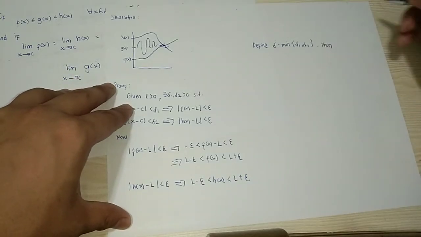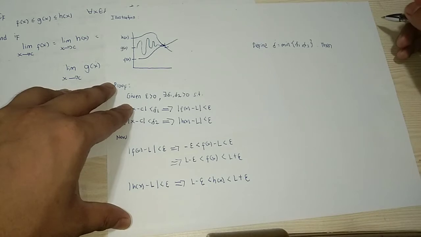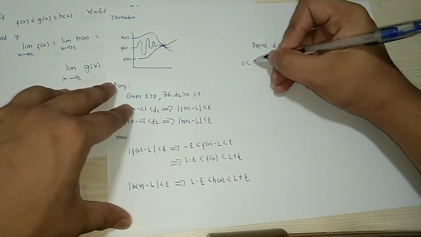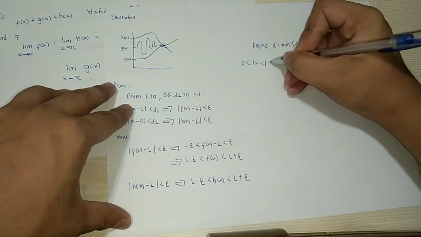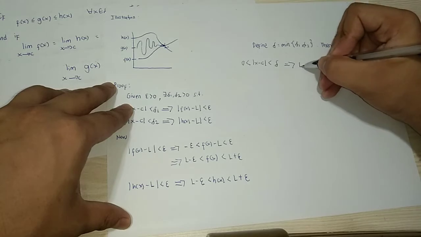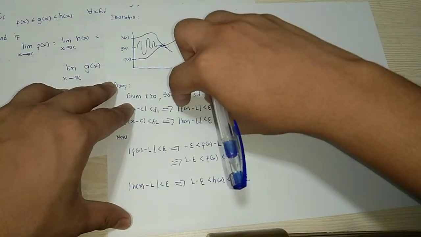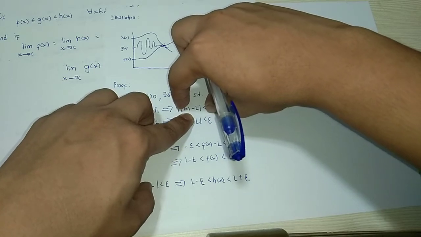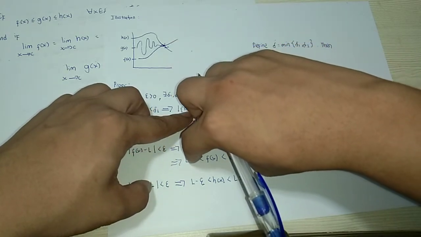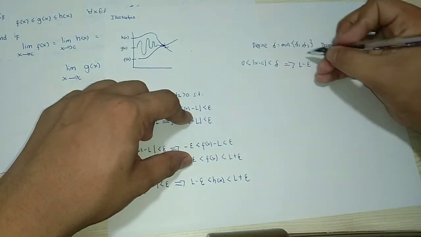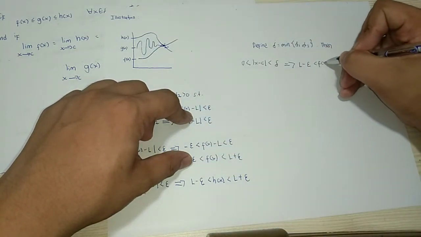Then, by definition of limit, 0 less than absolute value of x minus c less than delta implies L minus epsilon. So, gagamitin natin to. Imbis na ito yung isusulat natin, ito yung gagamitin natin. Okay, so L minus epsilon is less than f of x. Right?